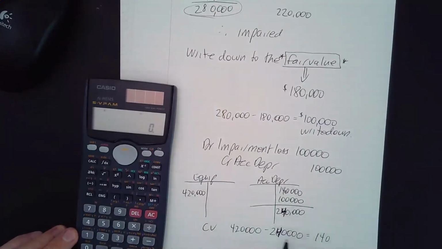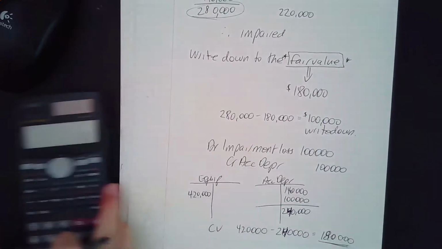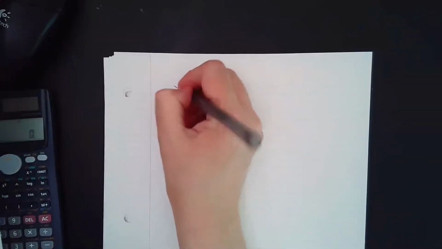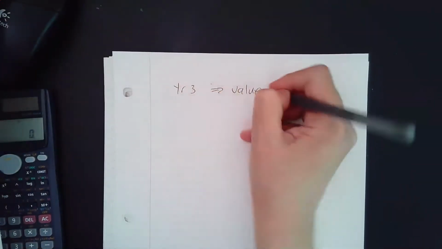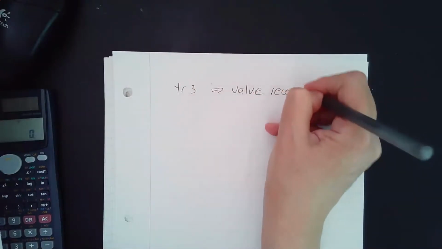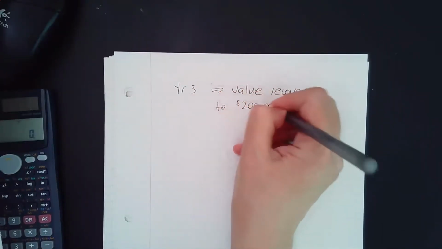Okay, so this is $180,000. Exactly what I want it to be. Now, let's move on to year 3. Let's say the value recovers to 200,000. What are we allowed to do?